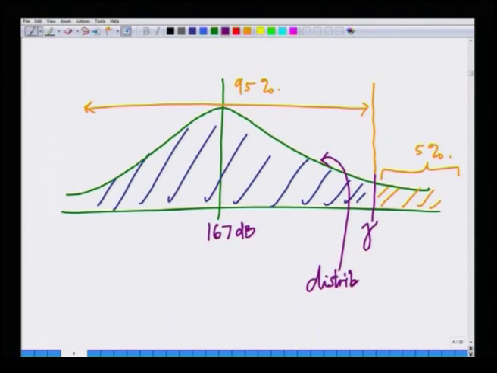This is the distribution of the random path loss.